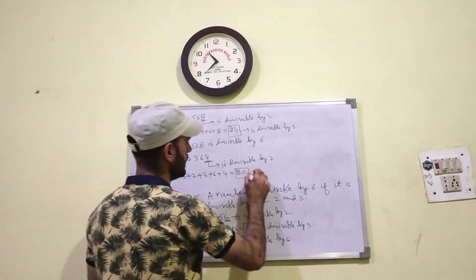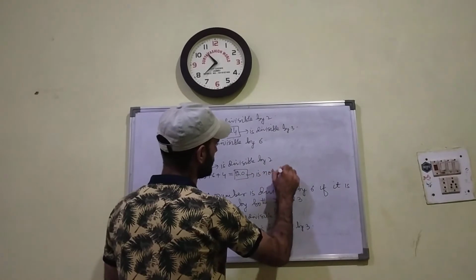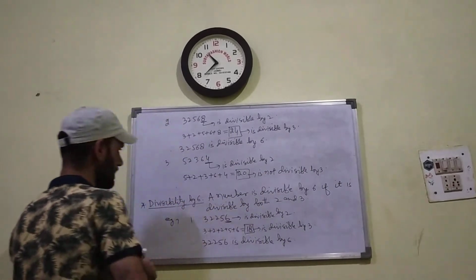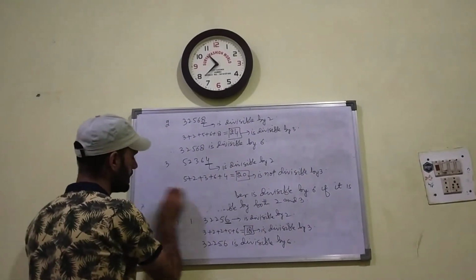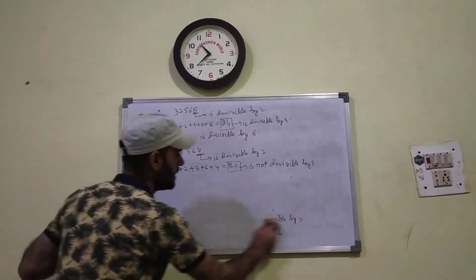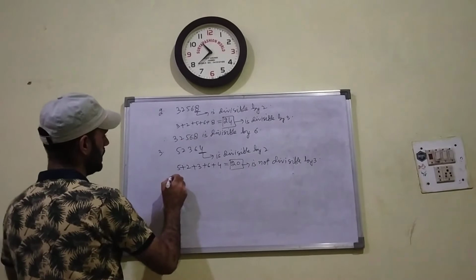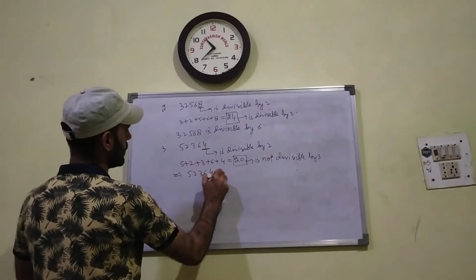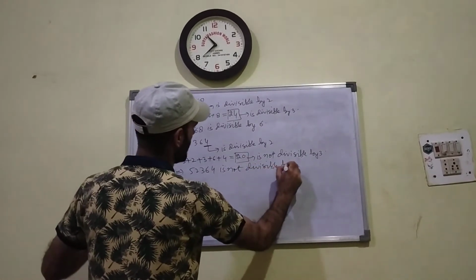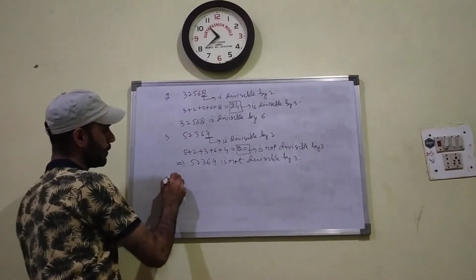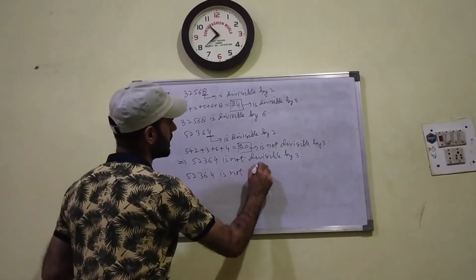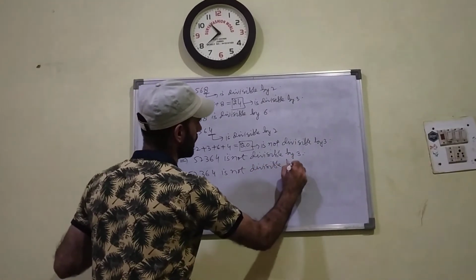No, it is not divisible. So if 20 is not divisible by 3, it means that the given number is not divisible by 3. 52,364 is not divisible by 3. Therefore 52,364 is not divisible by 6.